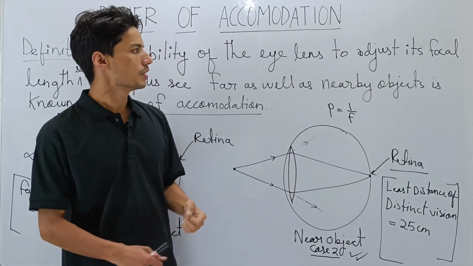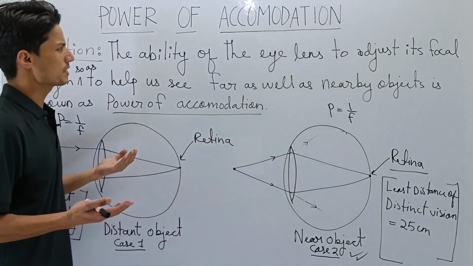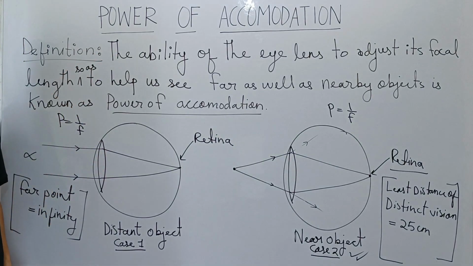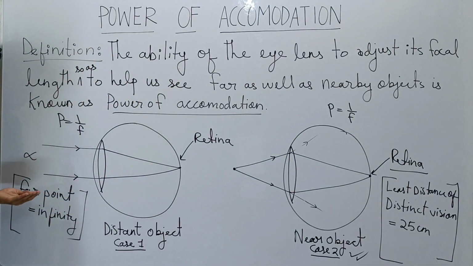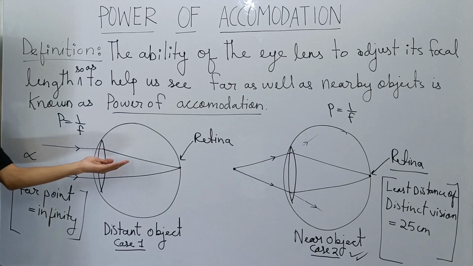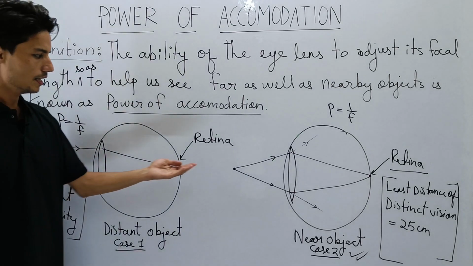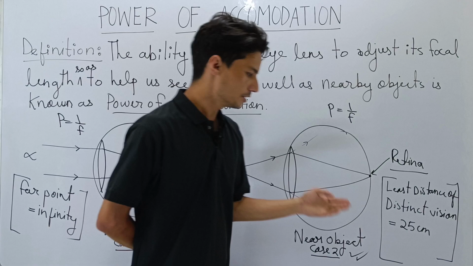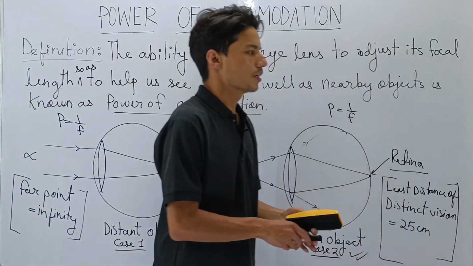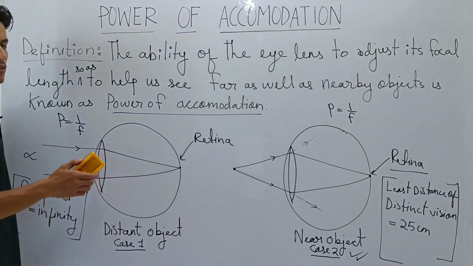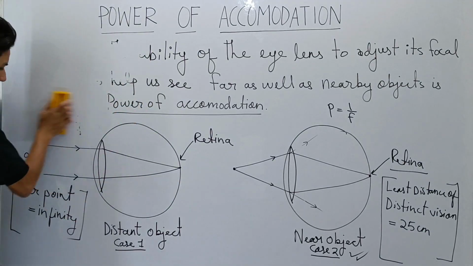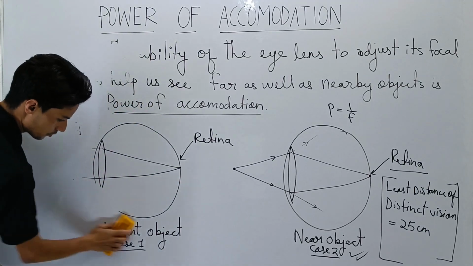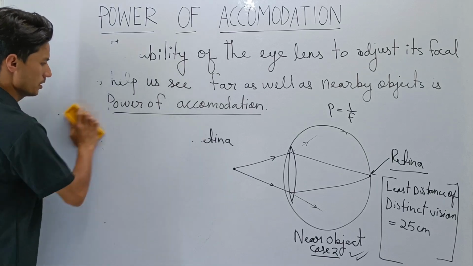Today's topic is a small topic. It's about power of accommodation. The definition is given to you, and we have to explain what happens to our eye when we see a far object and a near object. Now, before I end this video, I have a question for you all. I hope you all wrote these points.